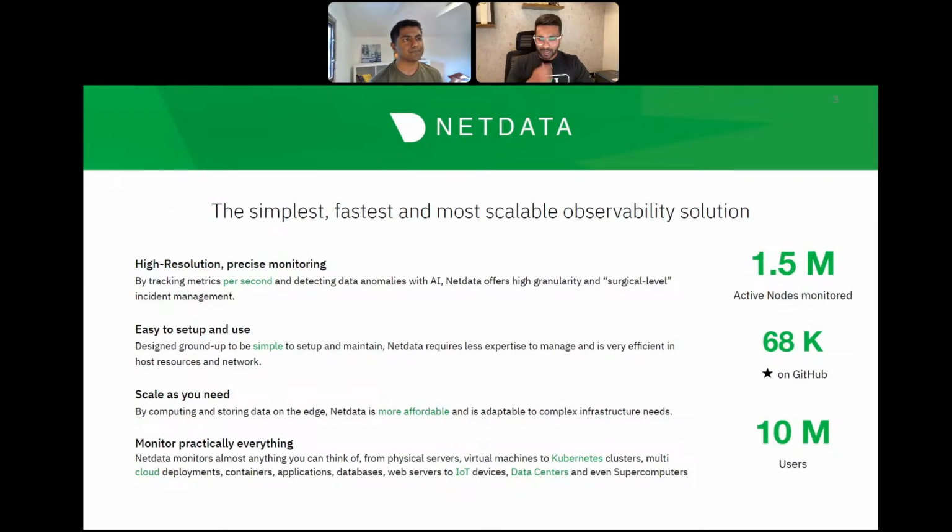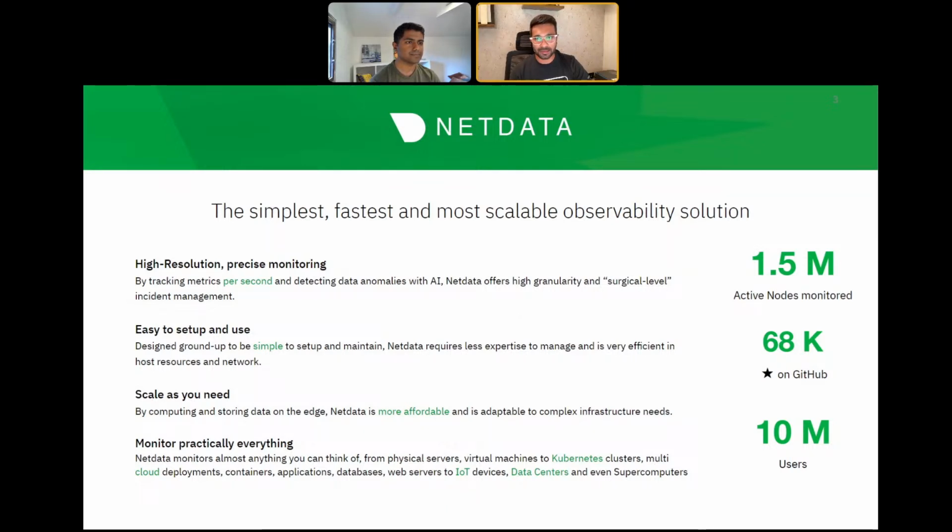So let's quickly get started with some introduction on NetData. It's the simplest, fastest, and the most scalable observability solution. And over the next hour or so, I think you'll also understand why we call it so. NetData provides high resolution and precise monitoring.